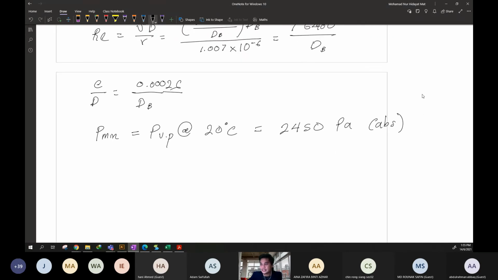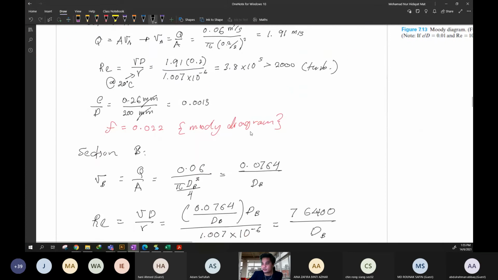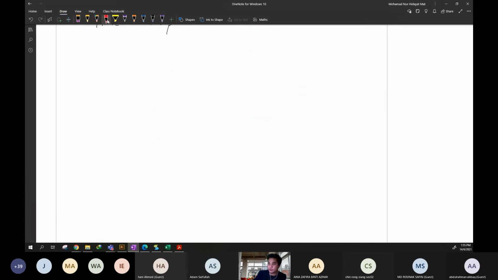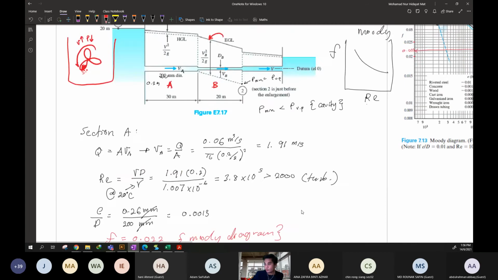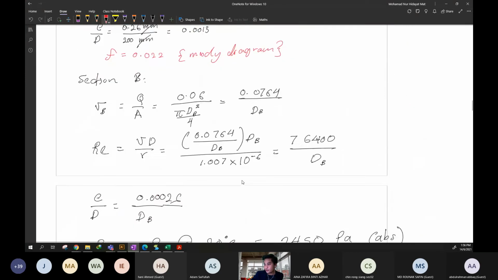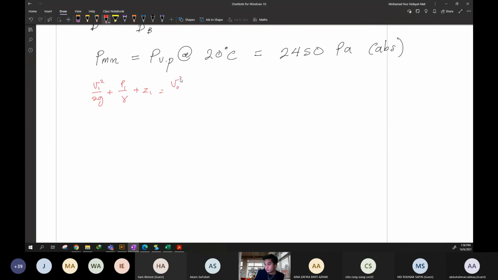So let's use the energy equation at point 1 and point 2: V1 squared over 2g plus P1 over gamma plus Z1 equals V2 squared over 2g plus P2 over gamma plus Z2 plus head loss. Do we have velocity at point 1?